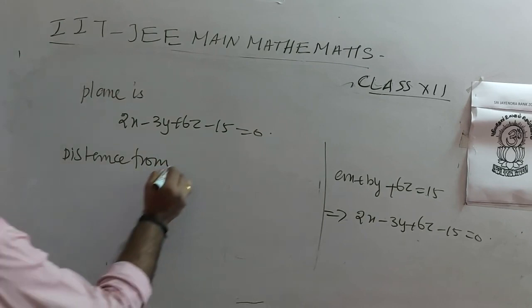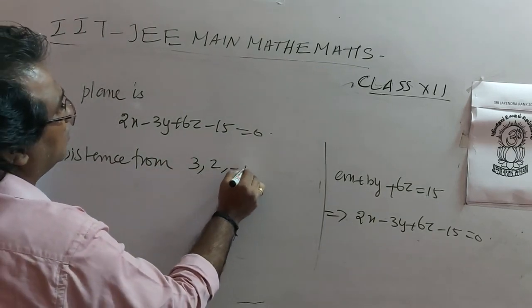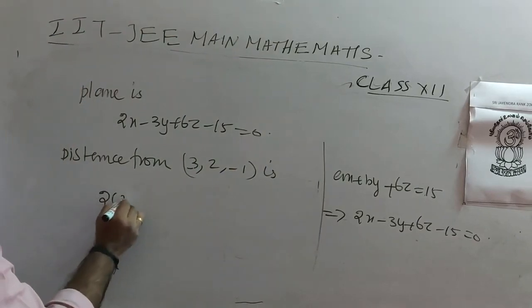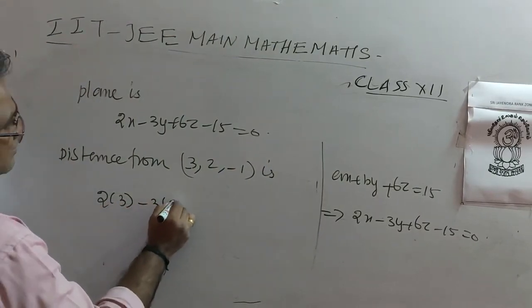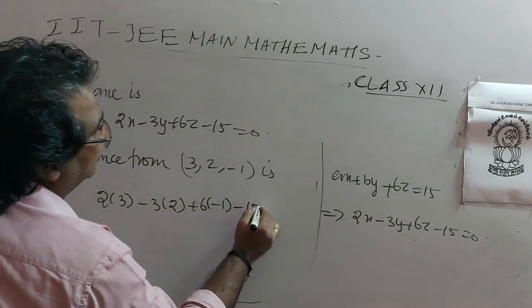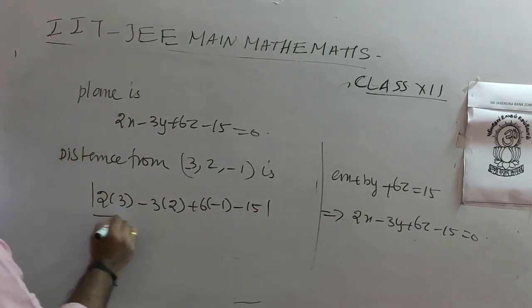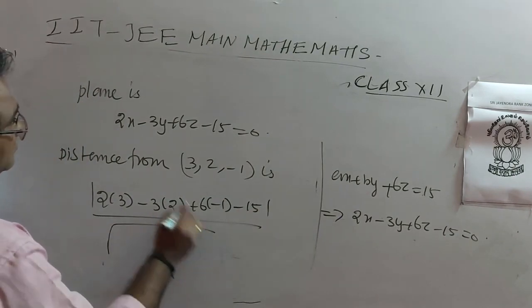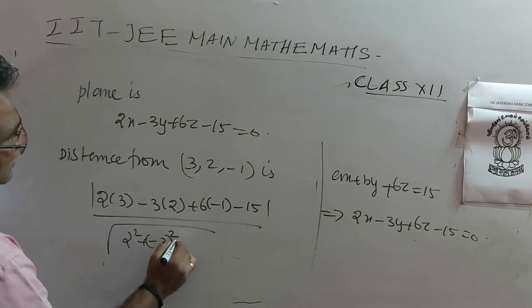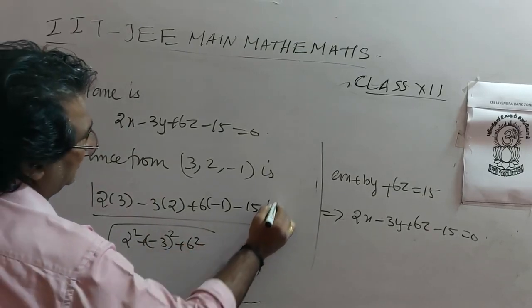Distance from (3, 2, minus 1) is 2 into 3 minus 3 into 2 plus 6 into minus 1 minus 15, divided by square root of 2 squared plus minus 3 squared plus 6 squared.